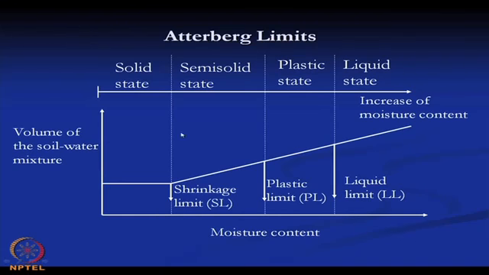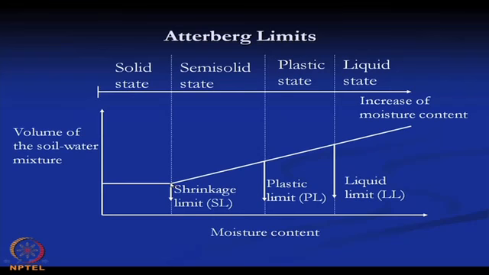Now, if I draw a graph of moisture content versus volume of the soil-water mixture, we can see that if we decrease the soil water content, then from the liquid state it will go to plastic state and then to semi-solid state, and as we reduce the water content, the volume of the soil-water mixture will also reduce.